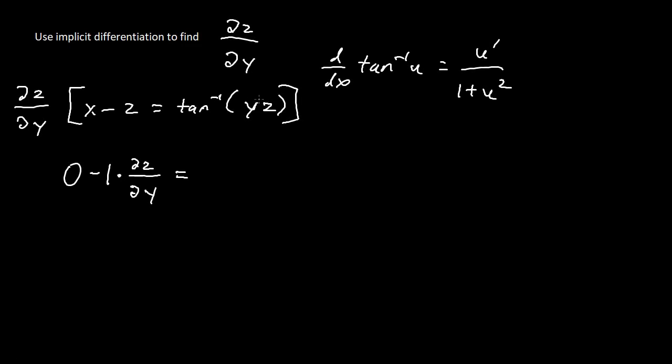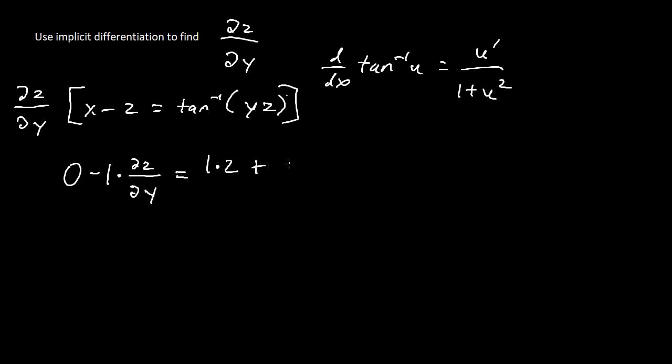So if we take the derivative of this inside function, notice both of these we have to multiply, and both of these we have to derive as well, since only x is treated as a constant, so we have to use the product rule. We're going to take the derivative of the first function, y, which is simply 1, times the second unchanged, so times z, plus the derivative of the second.